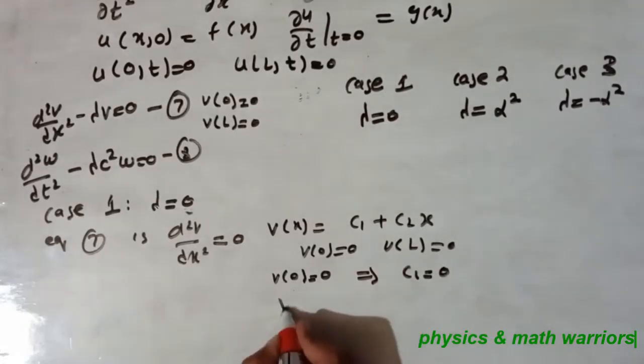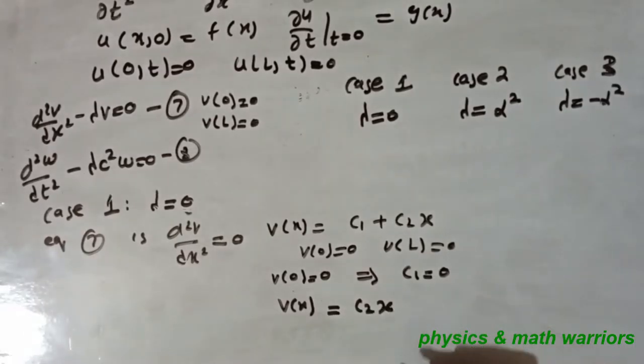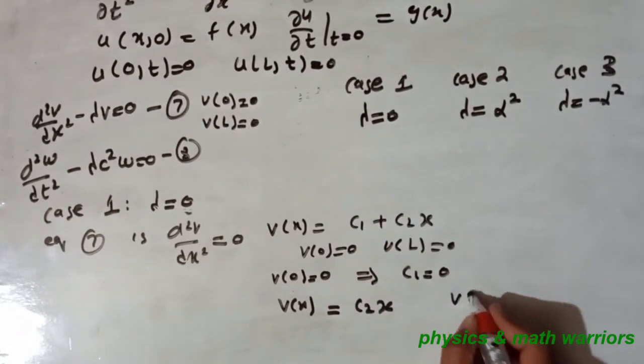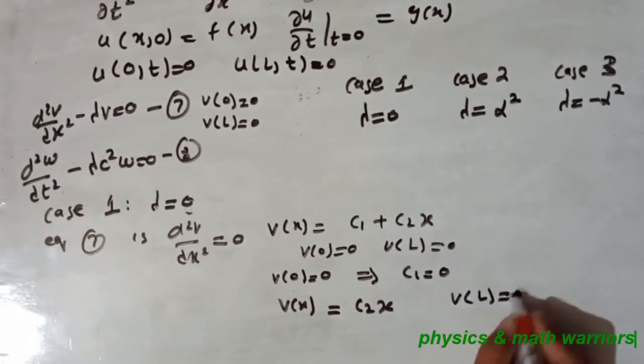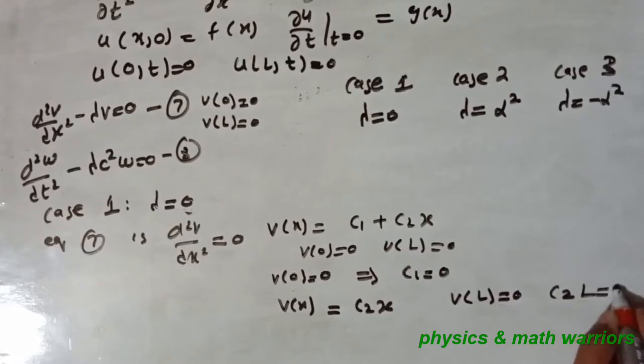So v of x becomes c2x. Now we will use the second condition, which is v of L is equal to 0 implies c2L is equal to 0.